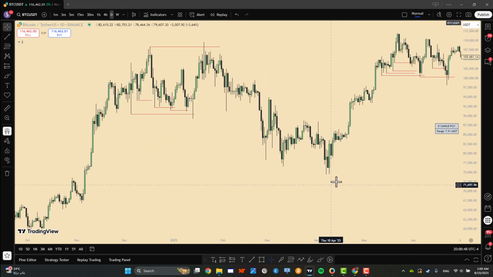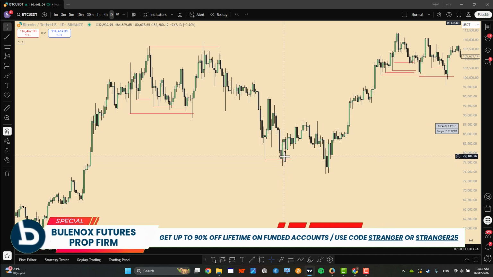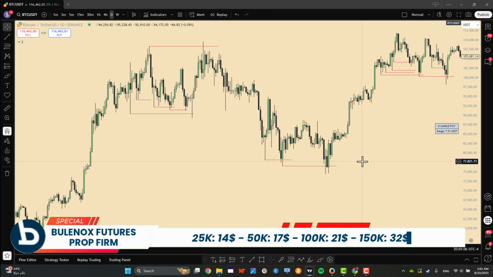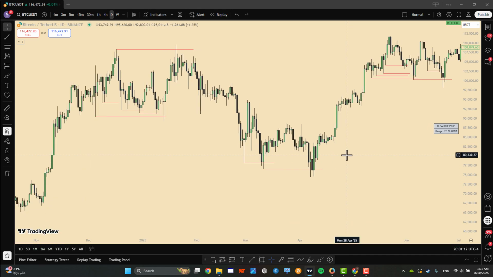Let me show you another example that happened here. See the reaction, for example, between price taking the low from here. So the reaction can be a really good indicator to know if this is good or not. You can call it displacement, whatever.